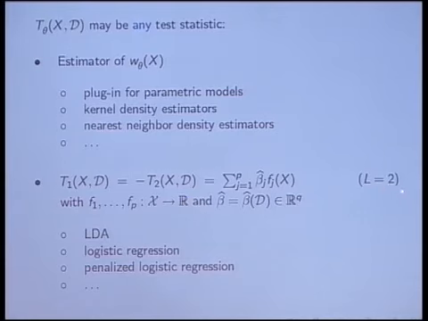If you think just of two classes, then you could try to design a test statistic where t sub 1 is the same as minus t sub 2, and it's just a linear combination of certain basis functions. And these factors beta j hat are estimated from your training data using linear discriminant analysis, logistic regression, penalized logistic regression, or whatever.